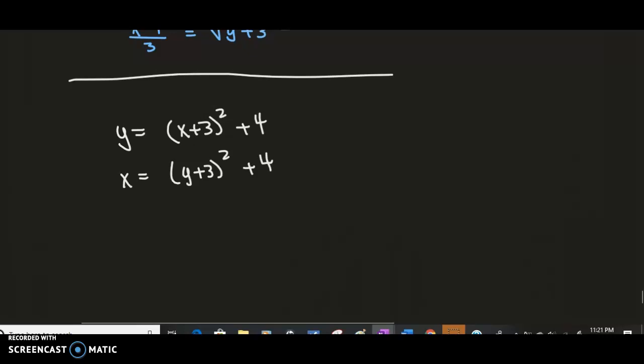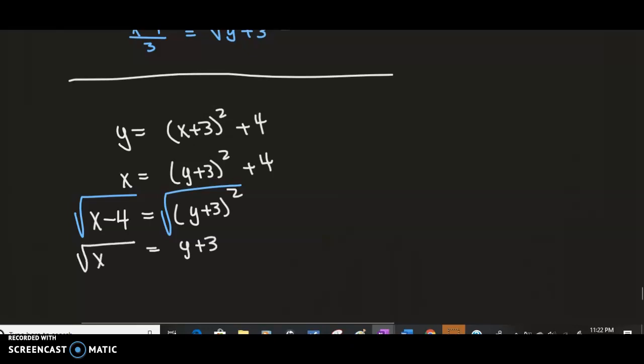Okay, we got to isolate the square thing, which is quantity y plus 3. So subtract 4 both sides. Now we got to take square root both sides. And so you're left with y plus 3 on the right, and square root of x minus 4 here. And so you get y equals square root of x minus 4 minus 3.